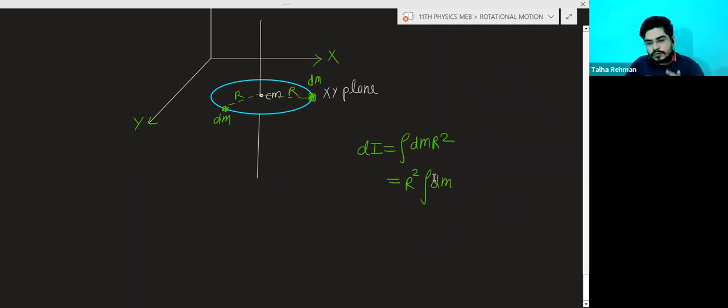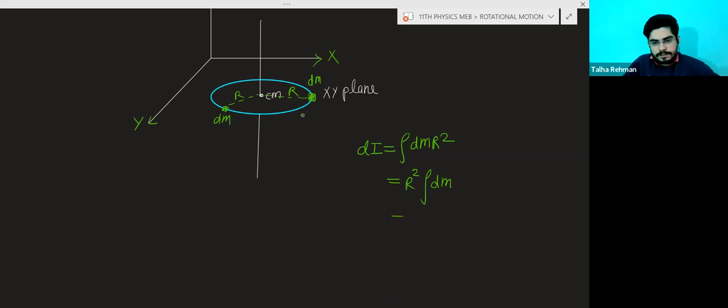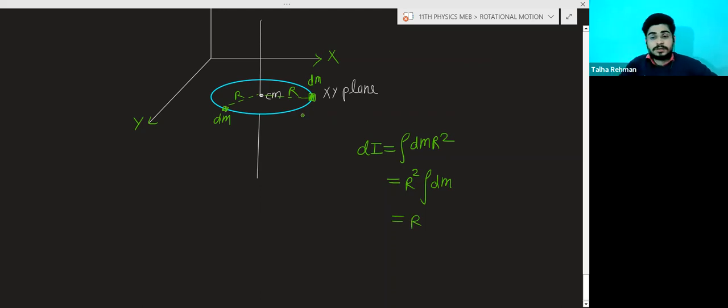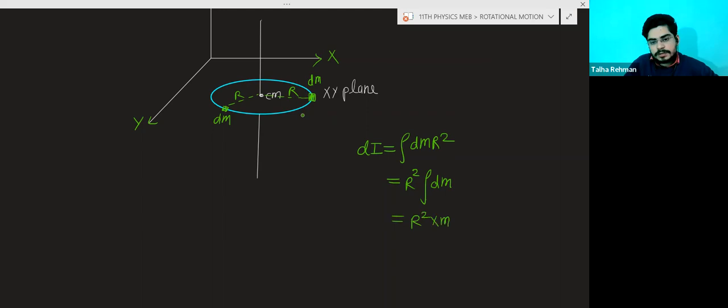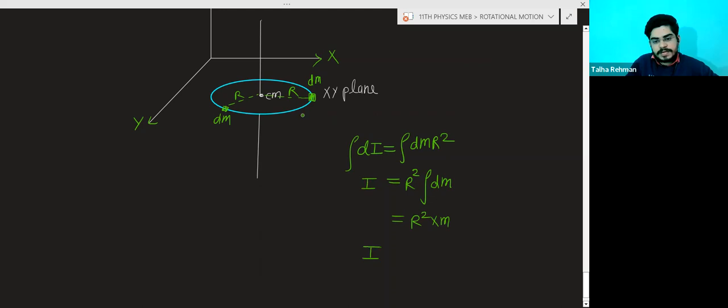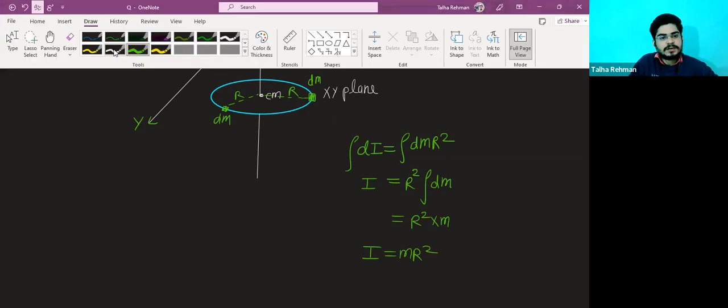Integration means addition, so you are adding dm throughout the length of the ring. So it will become R square into M. So the moment of inertia I will be MR square.